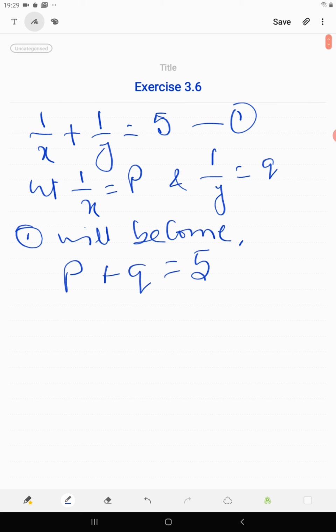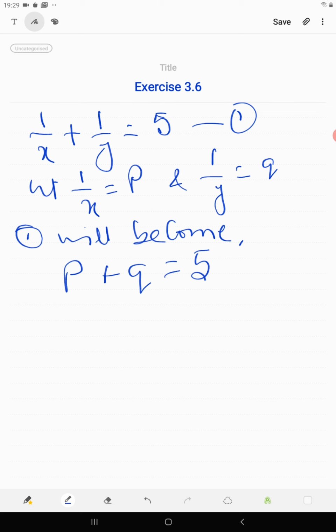So see, it was 1 by x plus 1 by y equals to 5, but now we have converted, we took 1 by x equals to p and 1 by y equals to q. Hence the equation 1 reduced to p plus q equals to 5. Similarly, one more equation will be given to you in the 1 by x and 1 by y form.